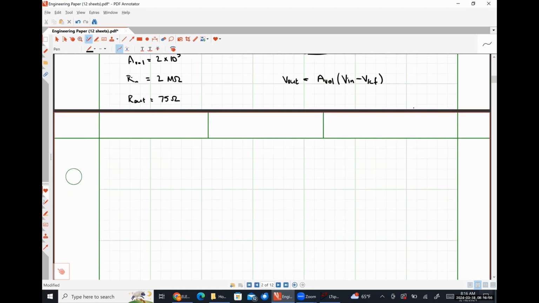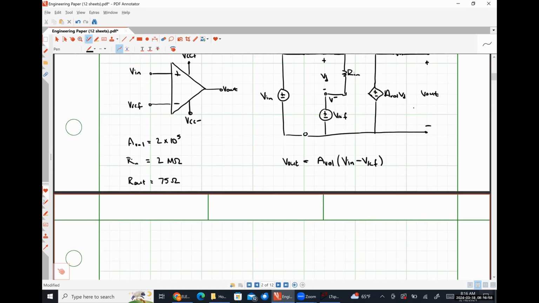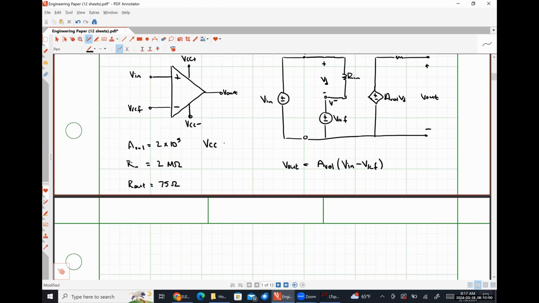So let's say that VCC plus is 5 volts, VCC minus is negative 5 volts, and VREF is positive 2 volts. And we will allow our input voltage to go all the way from negative 5 volts up to positive 5 volts.